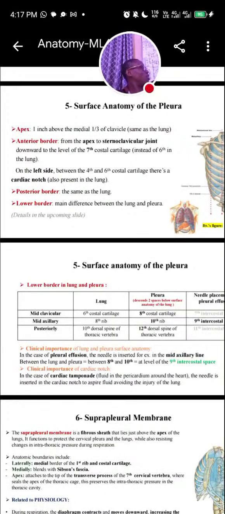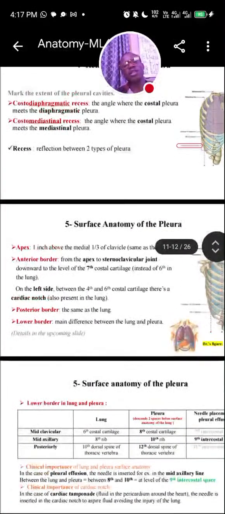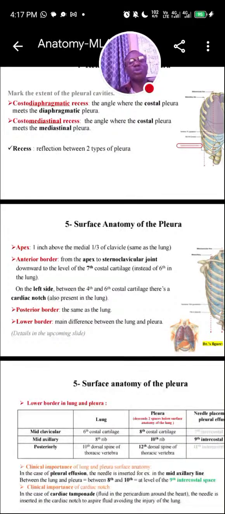So as you are breathing, as you are doing exercise, once there is a reflection, when there's a movement, that reflection is called a recess. It's different from abscess, so this one is recess. A recess is the reflection movement between two types of pleura.